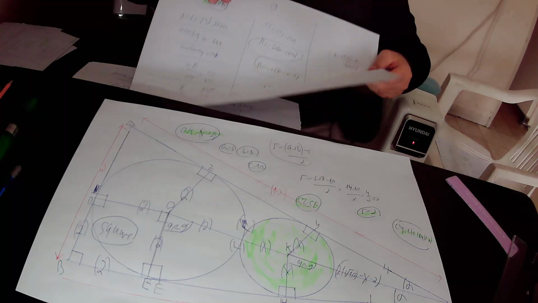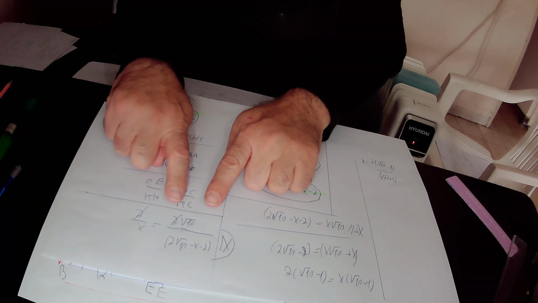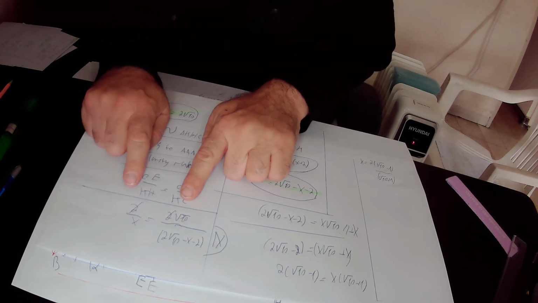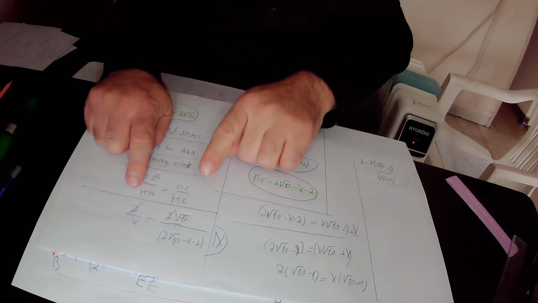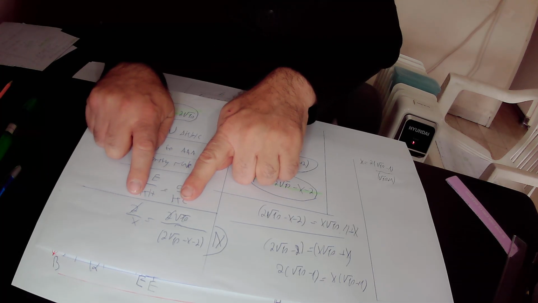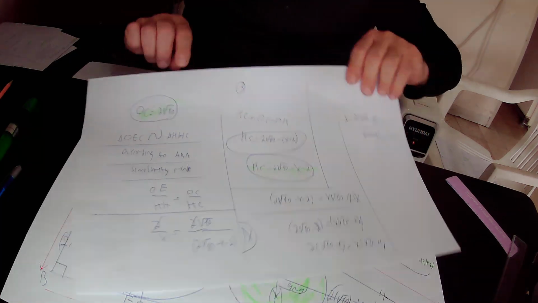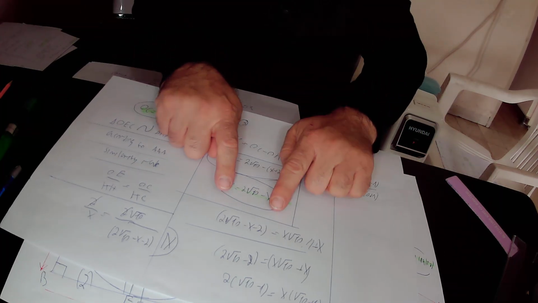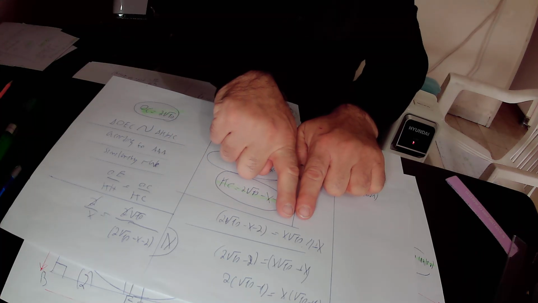So 2 over x equals 2 times square root of 10 over 2 times square root of 10 minus x minus 2. We have 2 on both sides of this equation, so 2 gets cancelled. After we cross multiply, we find that 2 times square root of 10 minus x minus 2 equals x times square root of 10.